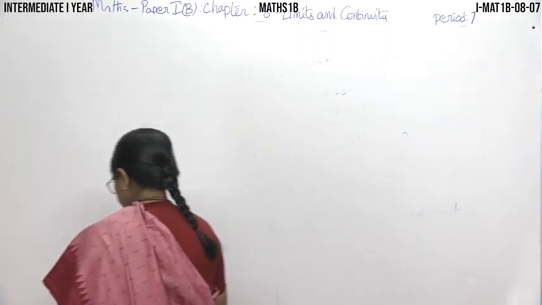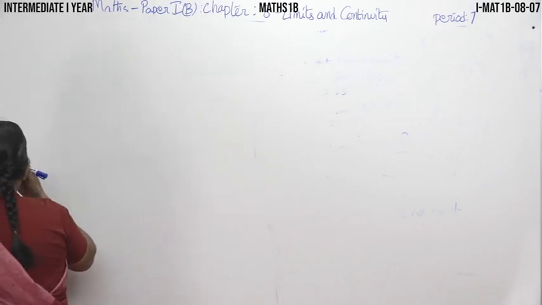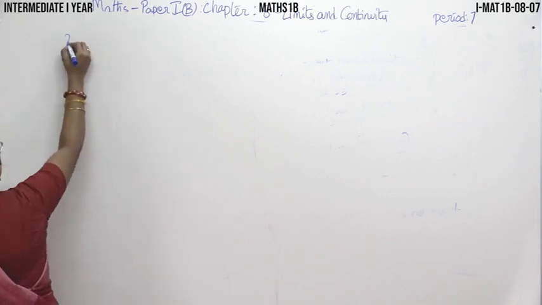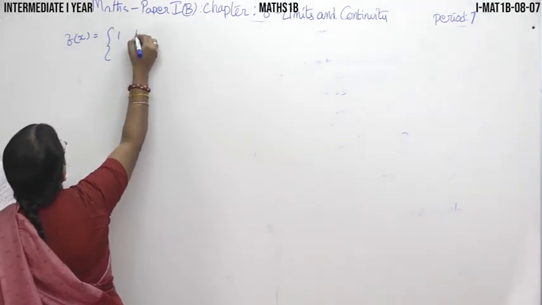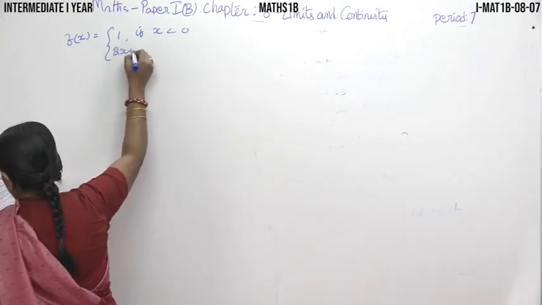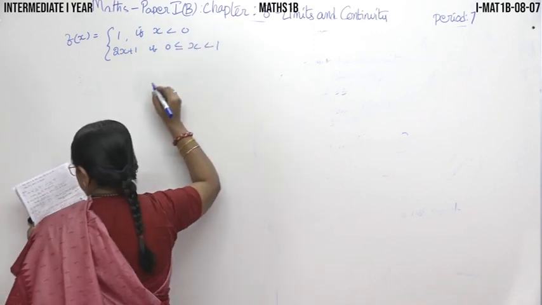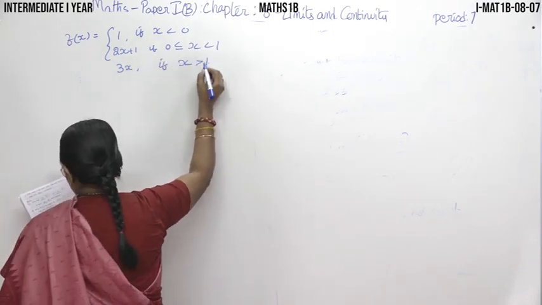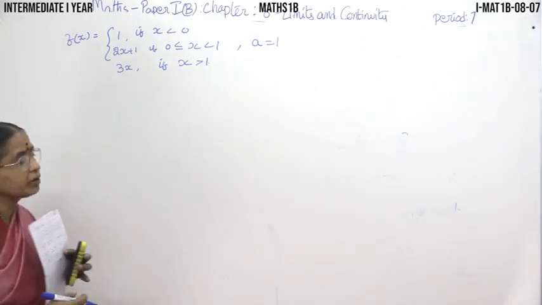Okay, next problem. f of x is equal to 1 if x is less than 0, 2x plus 1 if 0 is less than or equal to x less than 1, and 3x if x is greater than 1. And here a is equal to 1. You can try this problem. You can take it as homework.